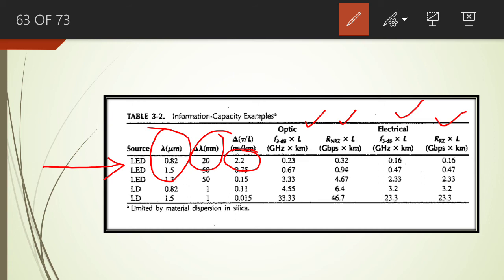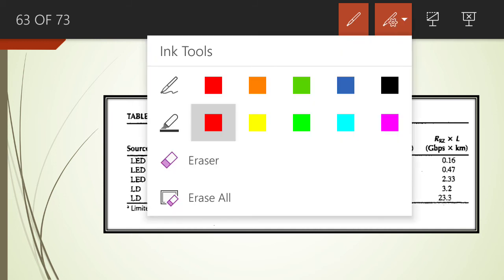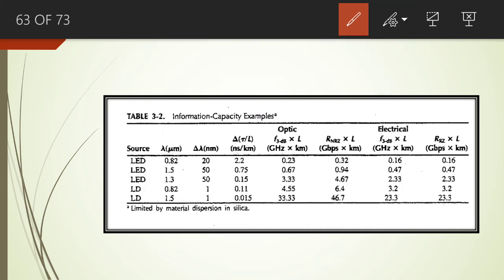So anyhow, we will consider this particular source first, where the wavelength is 0.82, the spectral width is 20 nanometer, and we calculated the pulse spread per unit length, which was 2.2.